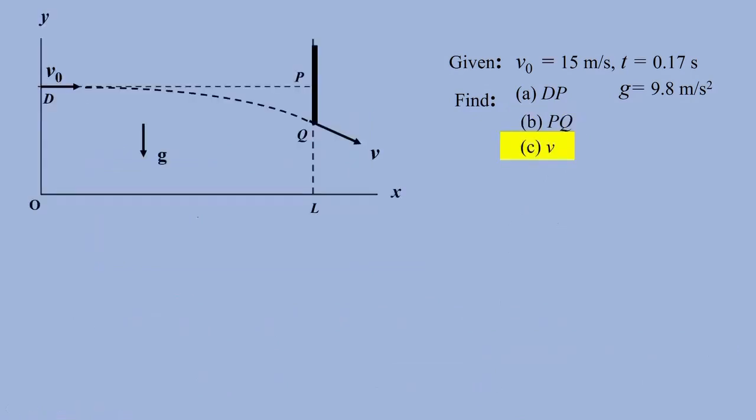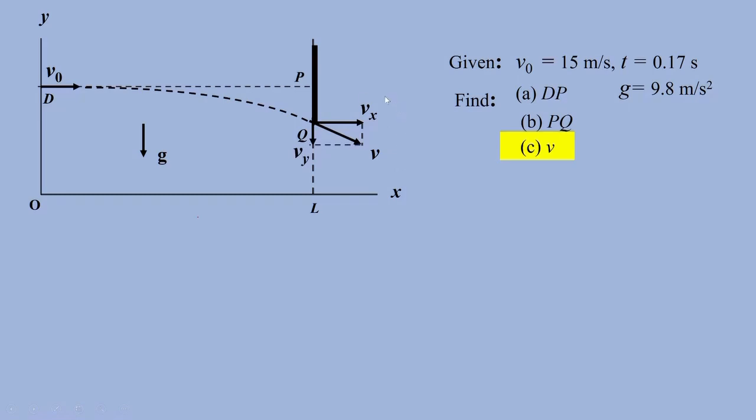In this third part of the problem, we need to find a speed of the dart when it hits the board. To do this, we decompose first the velocity of the dart in two components, x component and y component.